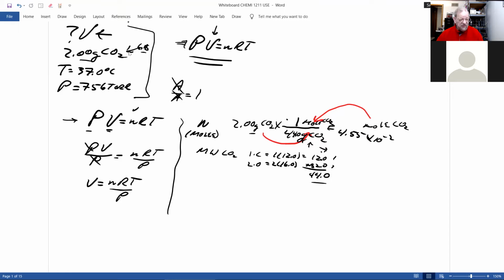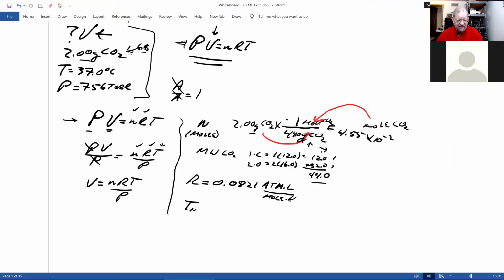So we got moles. R is the universal gas law constant, which is important information, test number 3. And next we have to do, we have n, R, next is T, but temperature has to be in Kelvin.